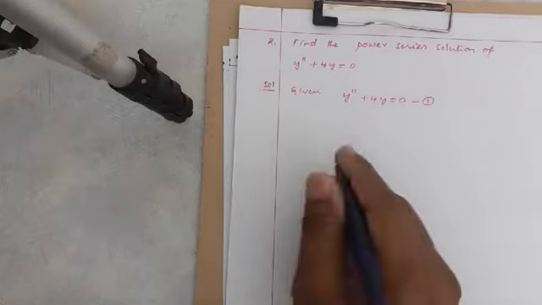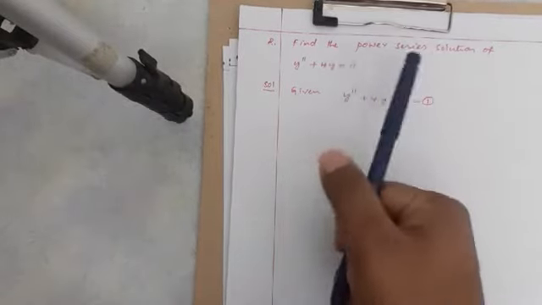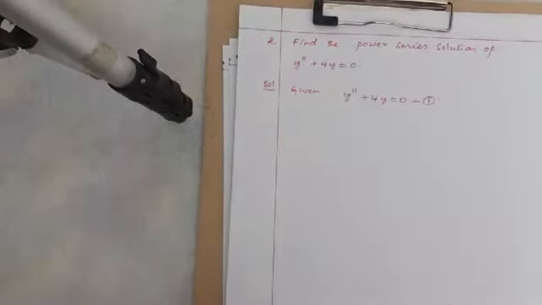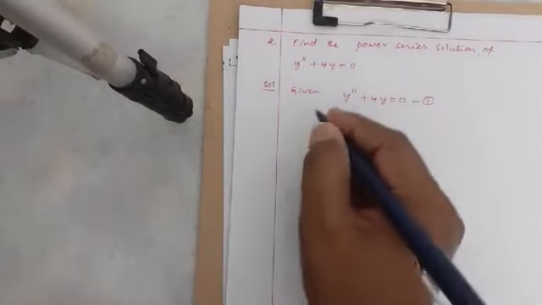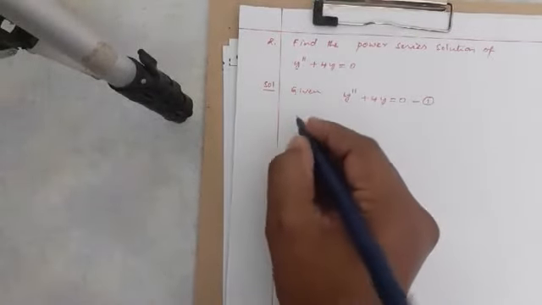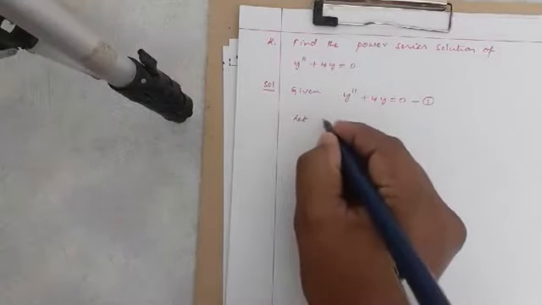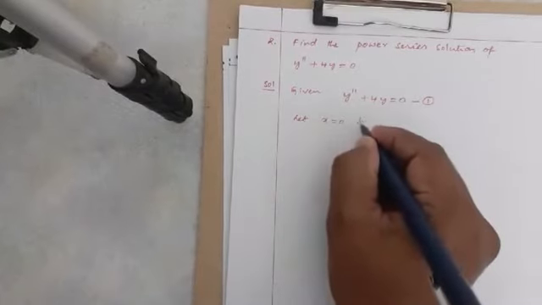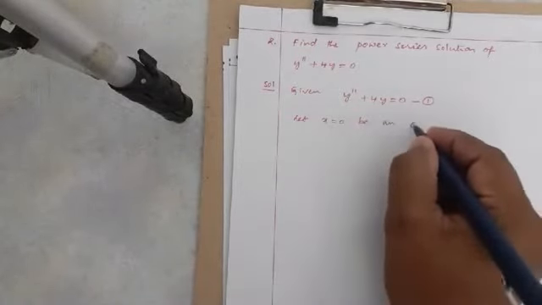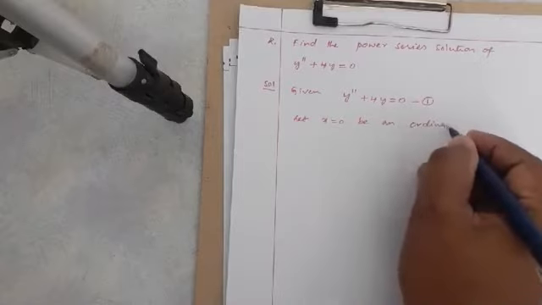Here we don't have any ordinary point given. So what we do is, let x is equal to 0 be an ordinary point.